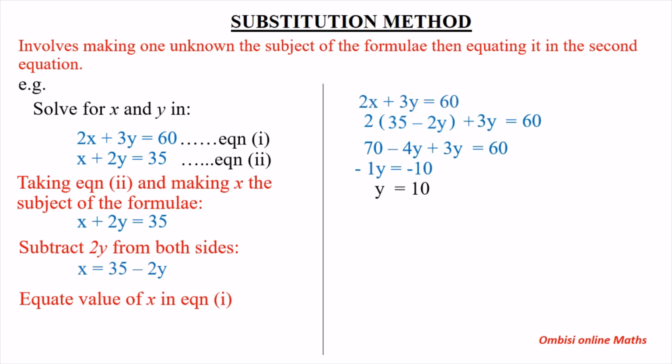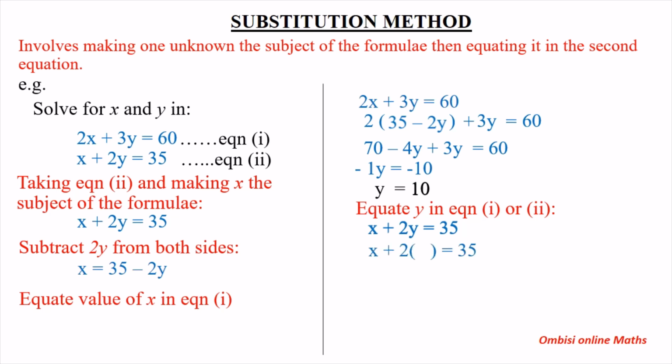So after establishing that the value of y equals 10, we can substitute this value of y either in equation 1, equation 2, or into the value of x. Using equation 2, you have x plus 2y equals 35.